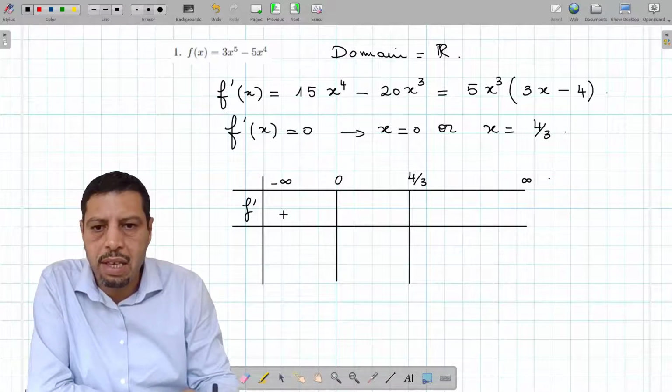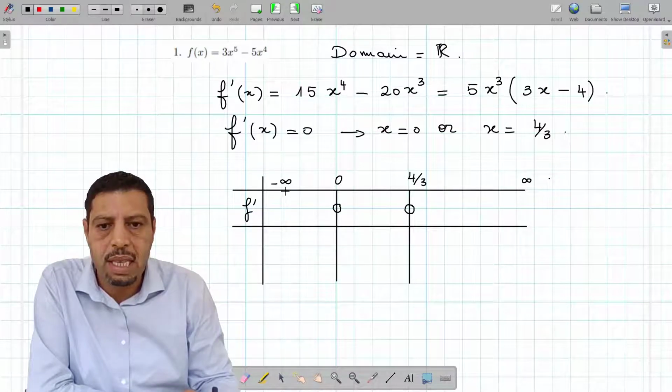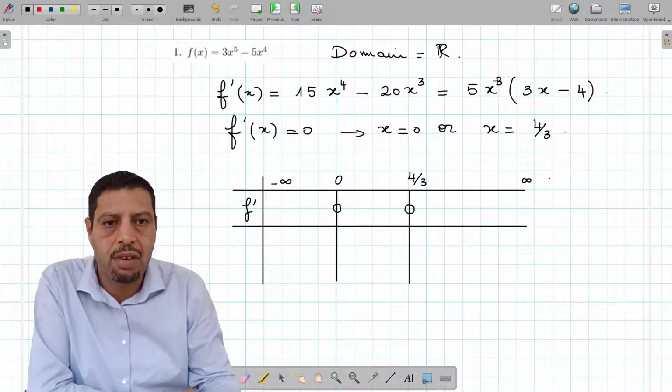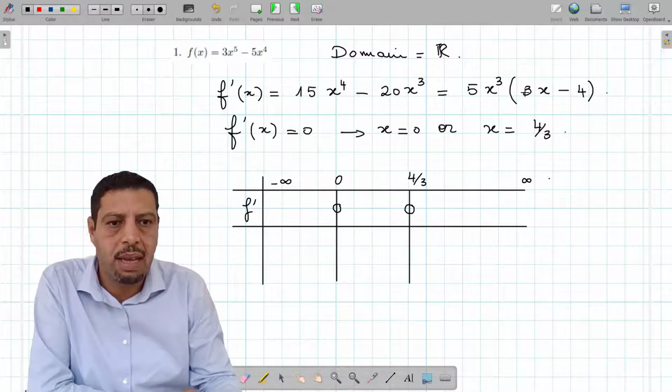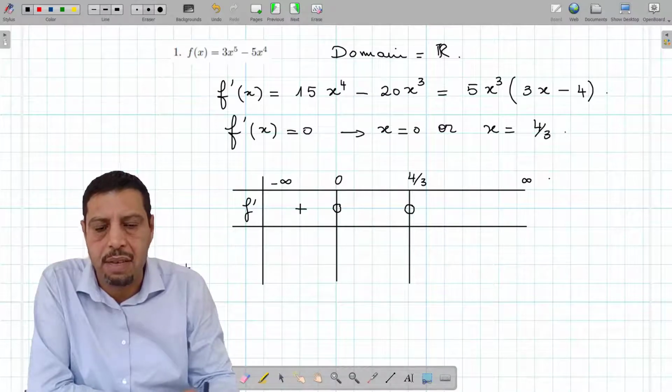So we're going to determine the sign of f prime. Here f prime is 0 and here f prime is also 0. Now we take a test point between negative infinity and 0. For example, you can take negative 1. 5 times negative 1 cubed will be equal to negative 5, which is negative. Negative 1 times 3, negative 3, minus 4, negative 7. So negative times negative, f prime is positive here, okay?